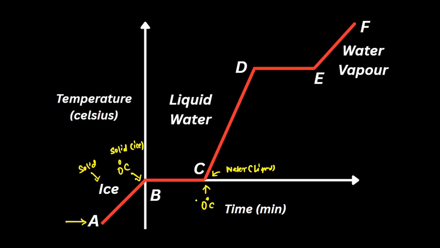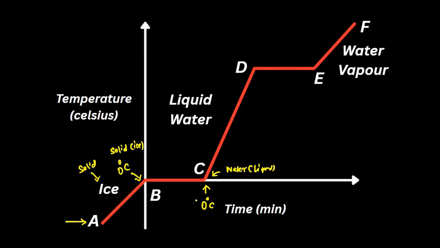So both solid and liquid, ice and water, coexist in thermal equilibrium at 0 degrees Celsius, and this is called the melting point. It is chosen as one of the lower reference temperatures in the design of thermometers. This is the concept of melting point.